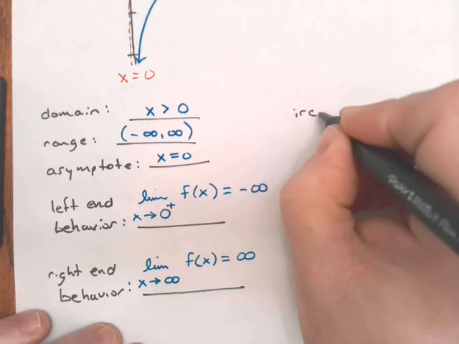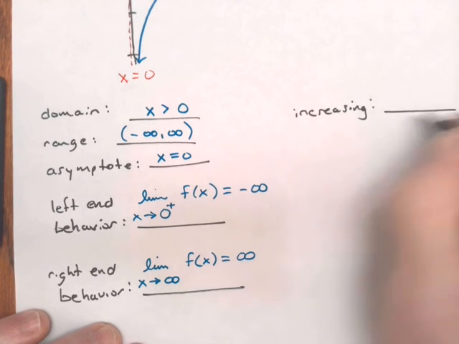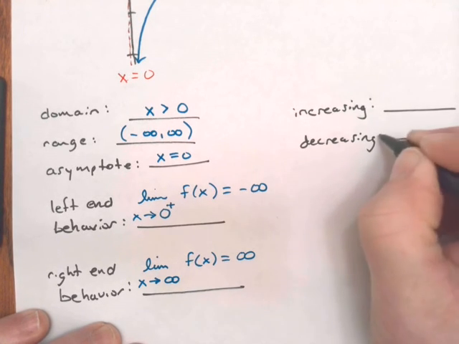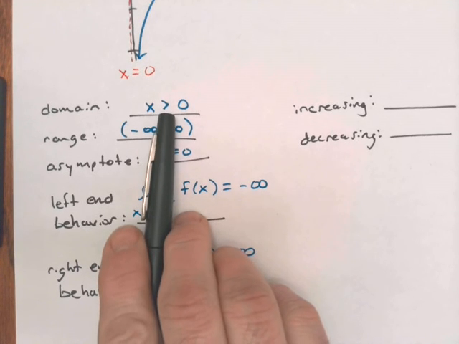The last thing that we need to do is describe where this graph is increasing and where this graph is decreasing. Logarithmic function graphs are either increasing or decreasing the whole time. So the answer to one of these is going to be none, and the answer to the other one is everywhere, which is described by the domain.